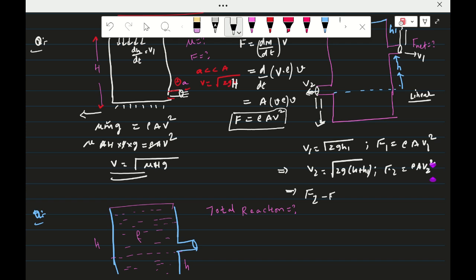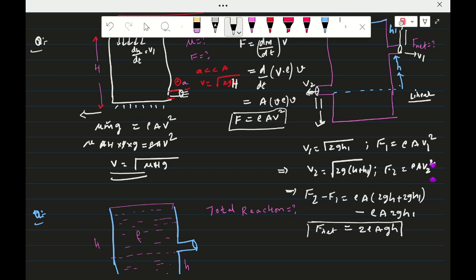That equals rho A into 2g(h plus h1), minus f1, which is rho A into v1 square, 2gh1. So h1 gets cancelled and the remaining answer is 2 rho A gh. So this is the net force f net when two holes are there.